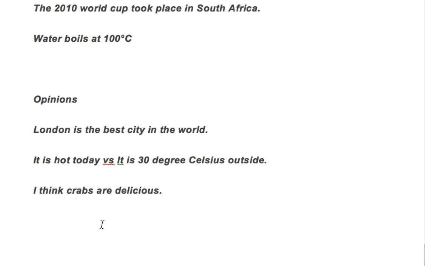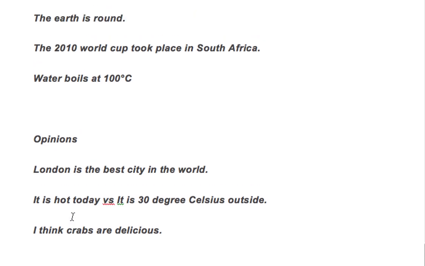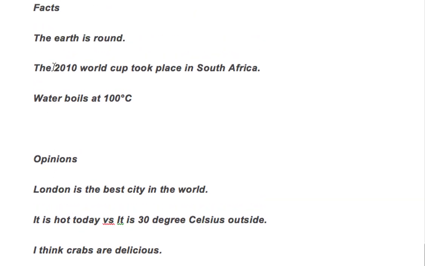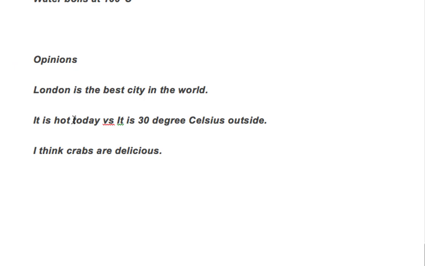I think crabs are delicious. So this is an opinion because to you crabs are delicious, but to some other people they might not find it as delicious as you do. So those are some examples of facts and opinions.